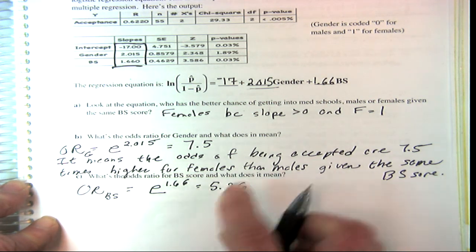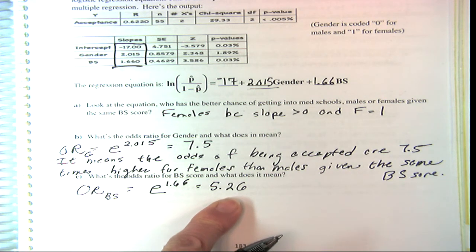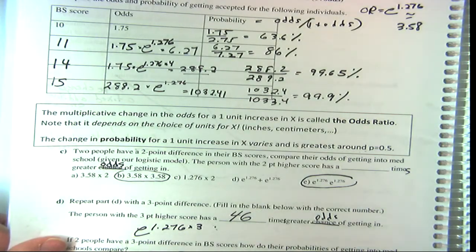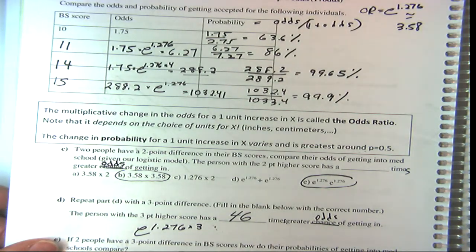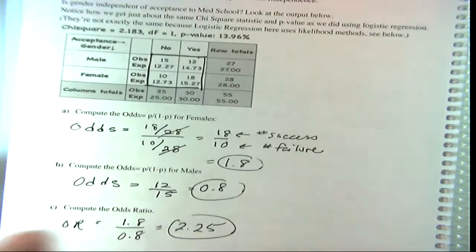That's 5.26, whereas previously it was something like 3 point something. It was e to the 1.276, which is 3 point something.